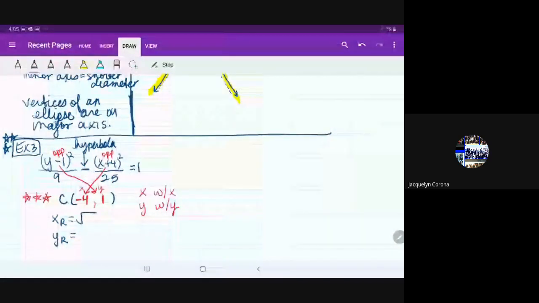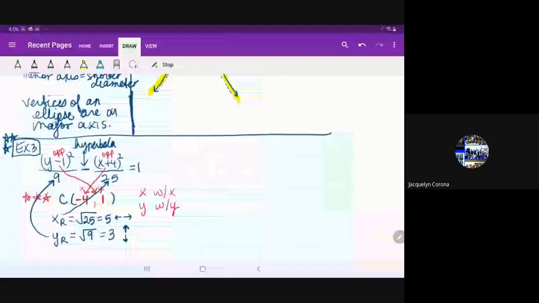What number is underneath the x term? Exactly. So the 25 is under the x term. So that's the x radius, and x is always left and right. And then for the y radius, that's the square root of what's under the y term. And then that's up and down.